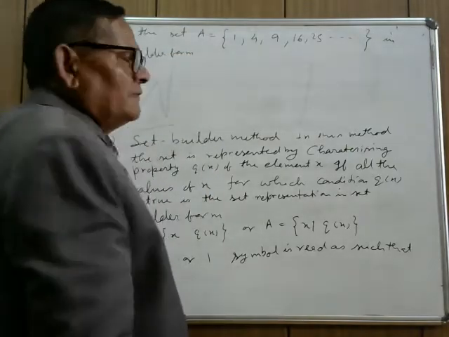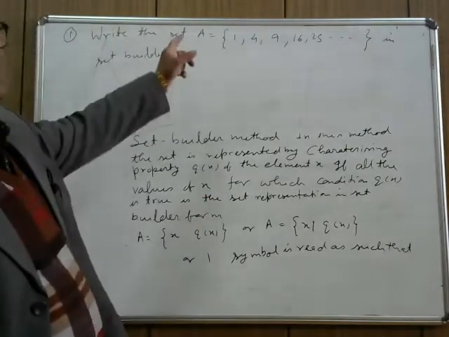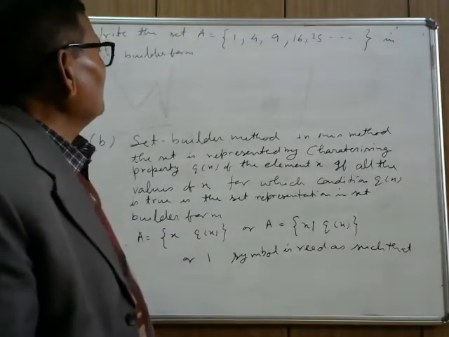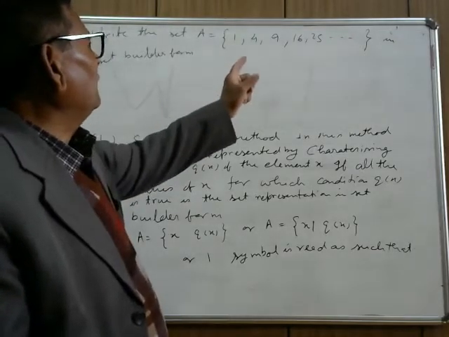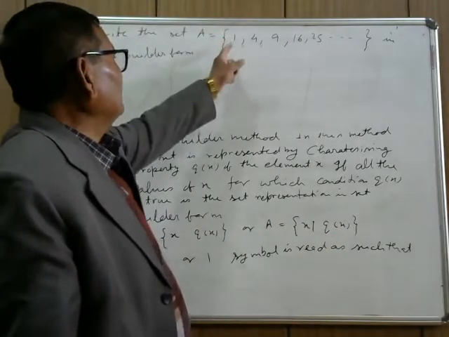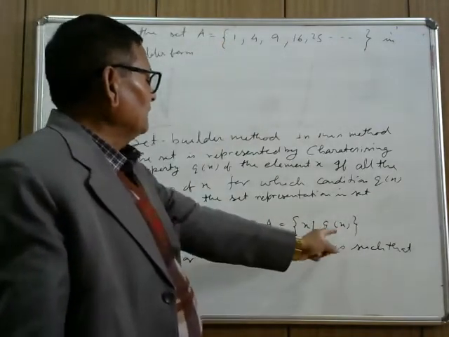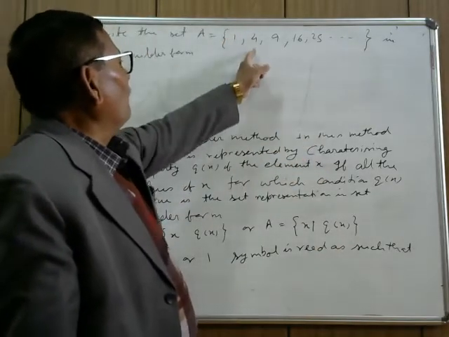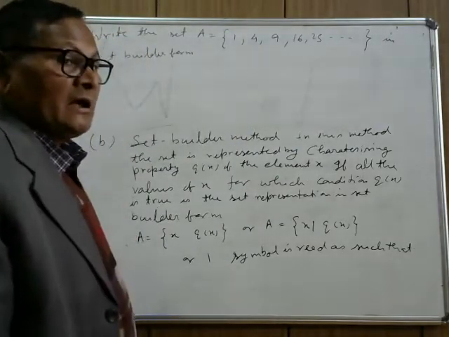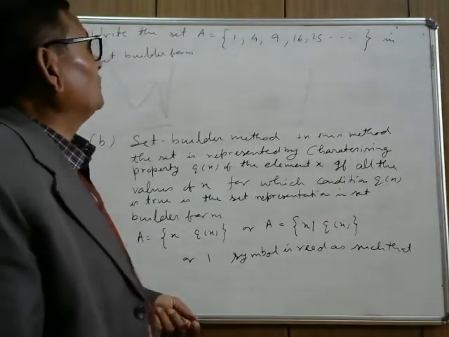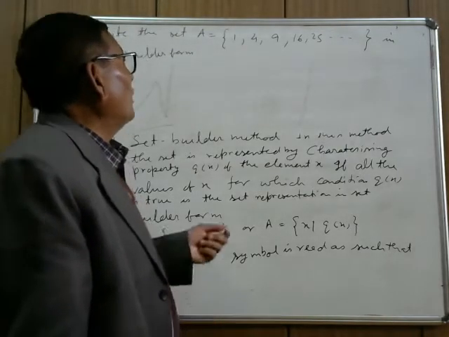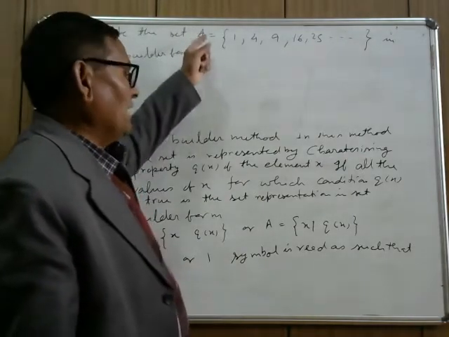Now you see, if x is an element of this set, then x is 1, 4, 9, and this form is Q(x). So 1, 4, 9, 16, 25 and so on. If I assume that x is a natural number 1, 2, 3, 4, 5, etc., then the squares of the natural numbers are the members of this set.